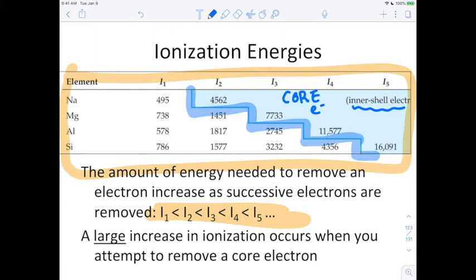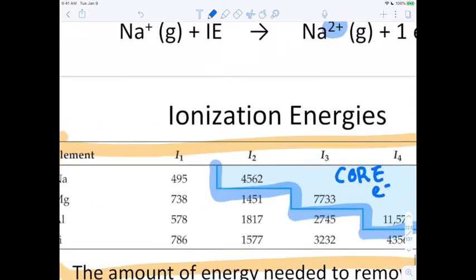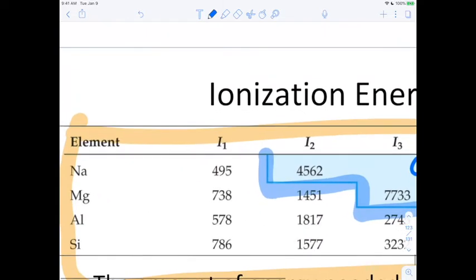The noble gases, the rock stars of the periodic table, they are the OGs of the periodic table. You cannot mess with those noble gases. If you try, it costs you a massive amount of energy. So if we were to look at sodium, the first electron costs you 495 kilojoules.